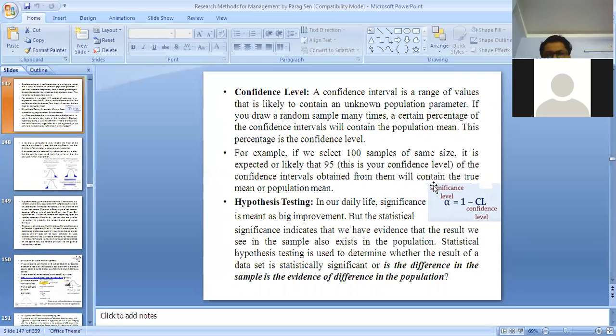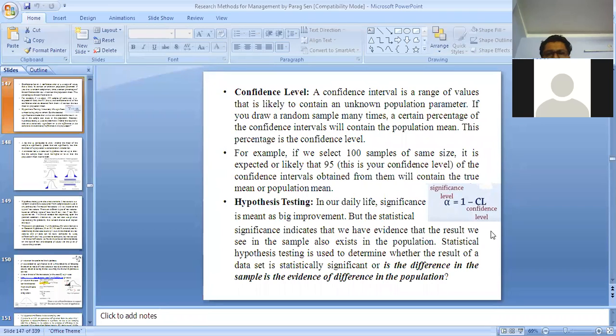But in some cases a very high confidence level is required, and then the significance level can be even less than 0.05, it may be 0.03 or 0.02. In case you desire a very high confidence level, the significance level will drop.